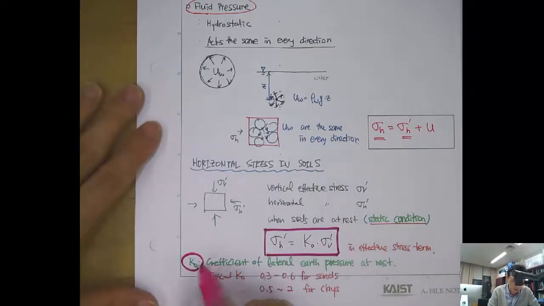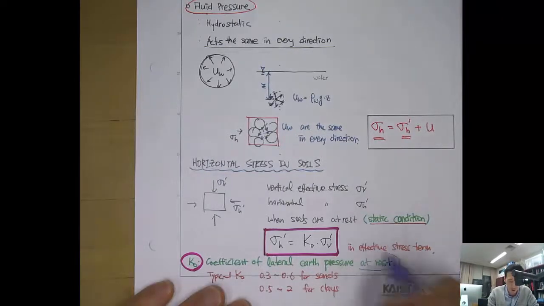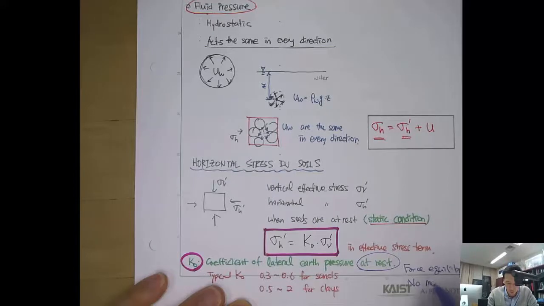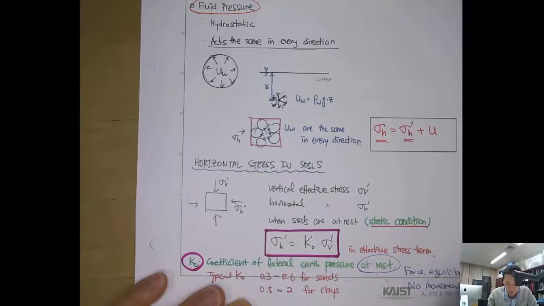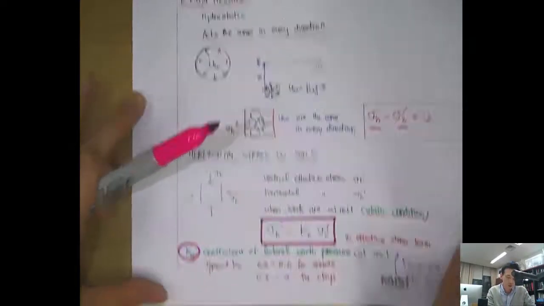And here K naught is referred to as the coefficient of lateral earth pressure at rest. At rest means it's in force equilibrium and no movement. So particles don't move, and the soil mass is at force equilibrium, and there's no displacement or deformation. So that's what at rest means.